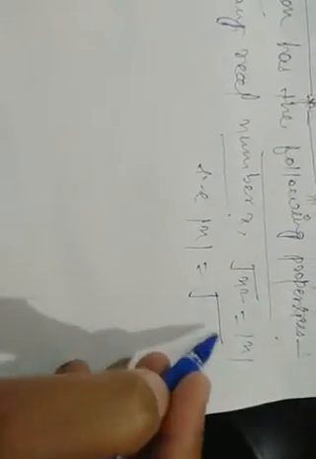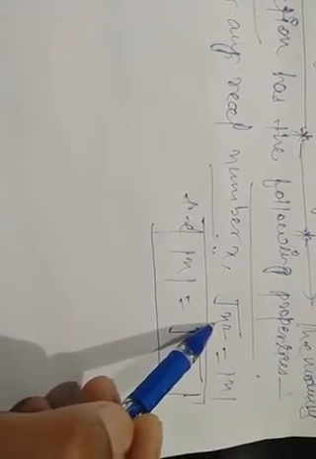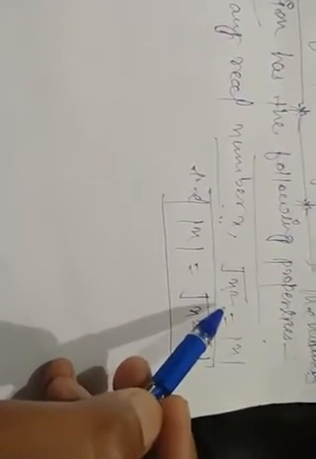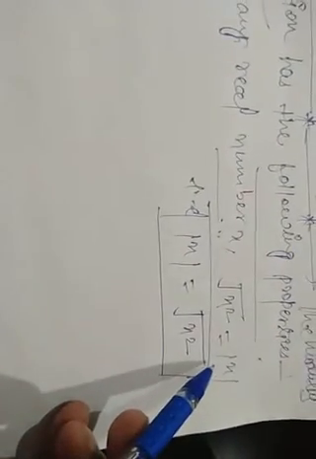That is, mod of x we can also write in this form. This is the most important property of our modulus function. For any real number x, the square root of x square is equal to mod of x.